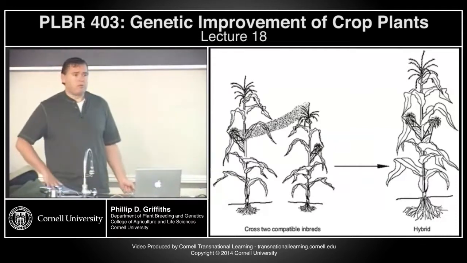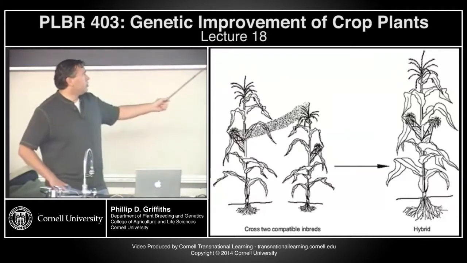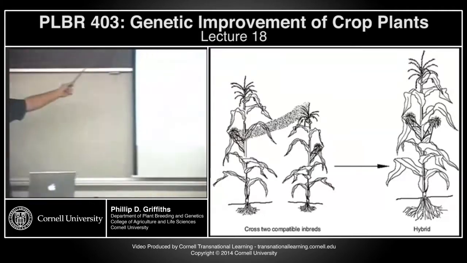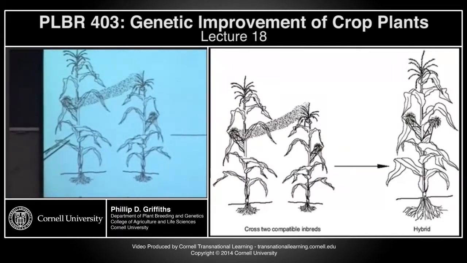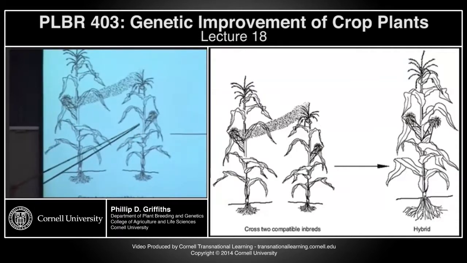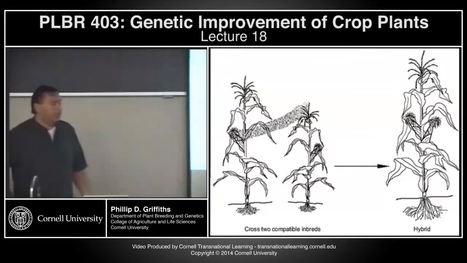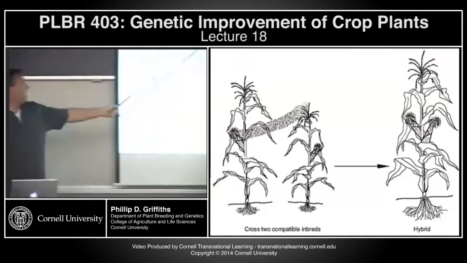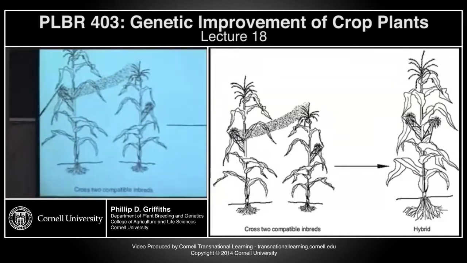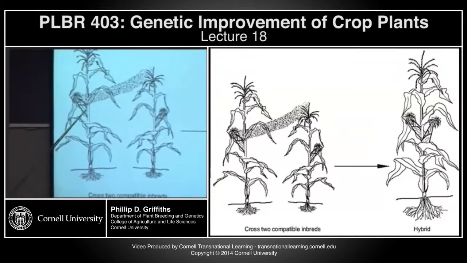And as you're probably aware, field corn has the male flowers on the top of the plant and the female flowers in the middle of the plant. These are actually represented by corn ears here, but they should really be flowers. So the idea is that you have a male pollinator plant and a female seed plant.